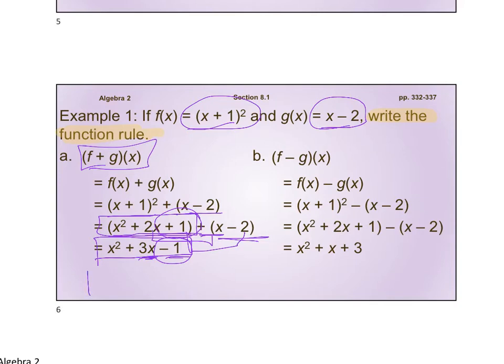So let me draw a little sketch here. Actually, I can draw all the way down. This is going to have a vertex that's going up at plus 1. Okay? Now, so therefore, I will never have a y less than that.